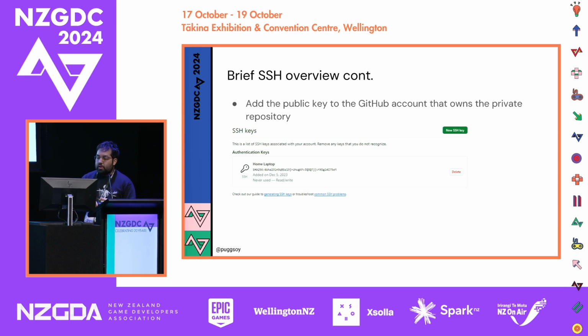Basically what you do is you go to your GitHub account, and there's an area that says GPG and SSH keys. You go in there, you add your public key to that, the entire public key, and you put the name.